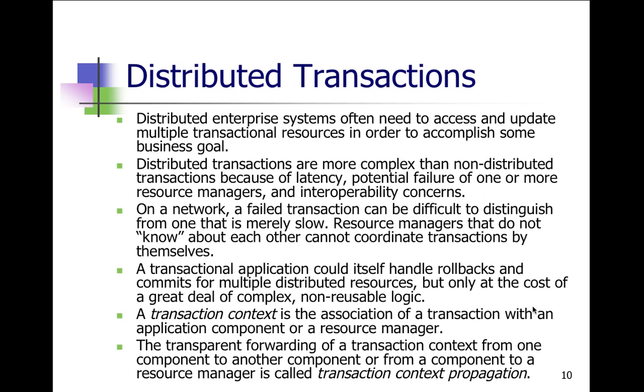So on a network, a failed transaction can be difficult to distinguish from one that is merely slow, which is why a lot of things have timeouts in them. So if the database server doesn't respond within a certain amount of time, then you're going to roll back something and you're not going to commit a withdrawal or something. Resource managers that do not know about each other cannot coordinate transactions.